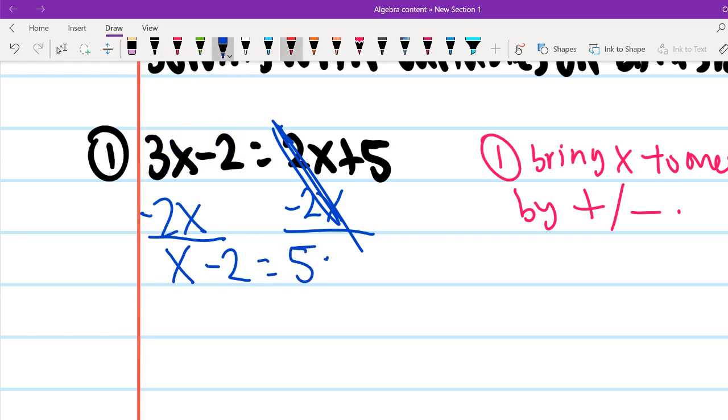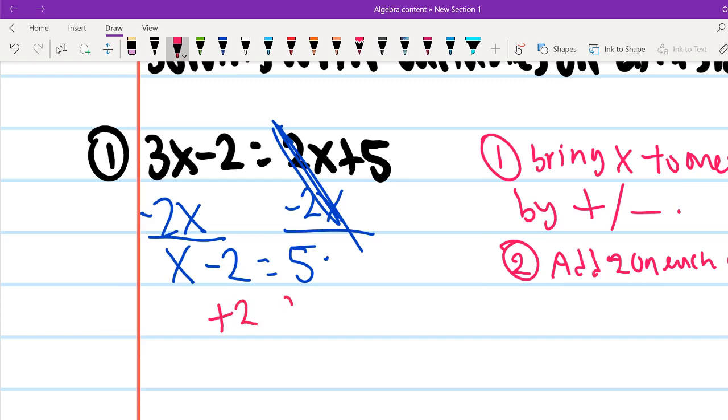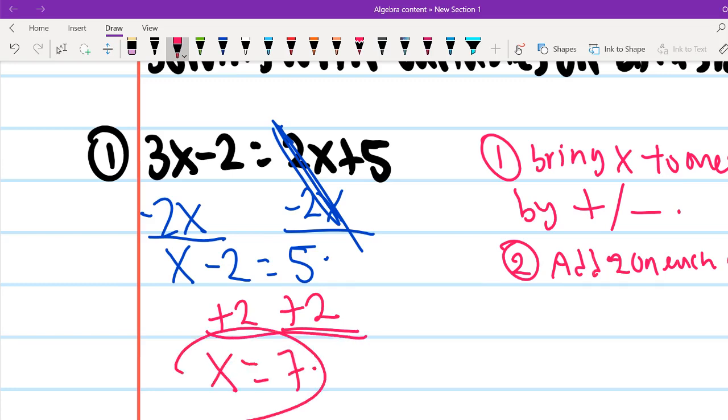And so number 2, you would say add 2 on each side. So then you would say plus 2 on each side, giving you x equals 7.